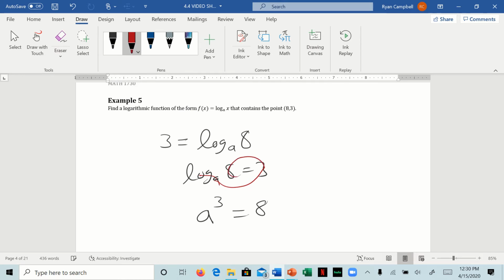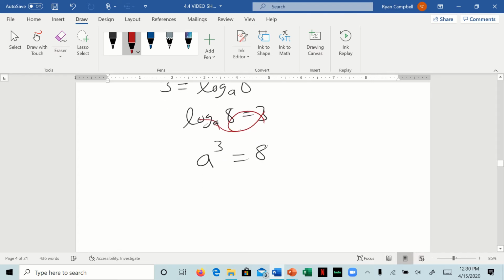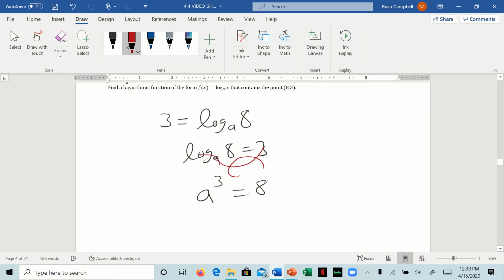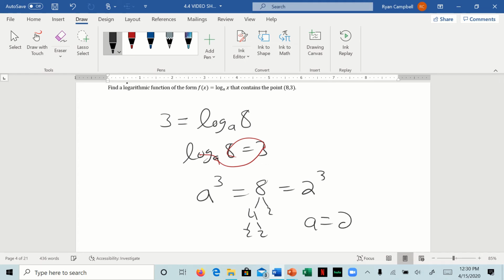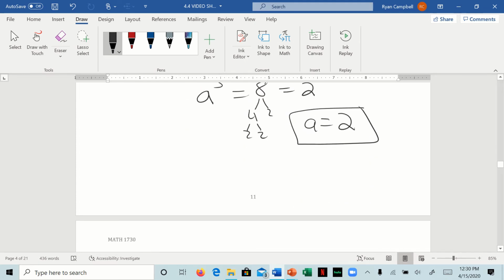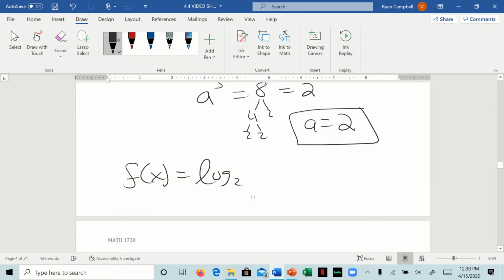So basically we need to figure out what that base is. Well, we can break up 8 into 4 and 2, 2 and 2, so we can see that that's 2 to the third, which makes it pretty clear that a is just 2. So the function, if you write it all out, is going to be f of x equals log base 2 of x.